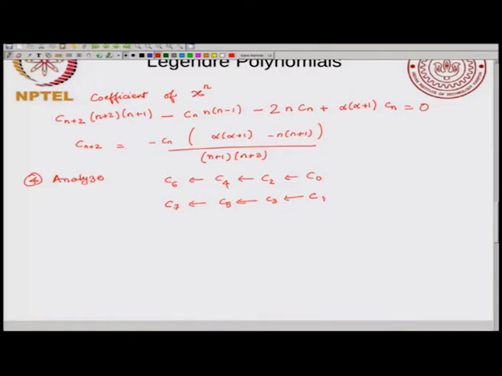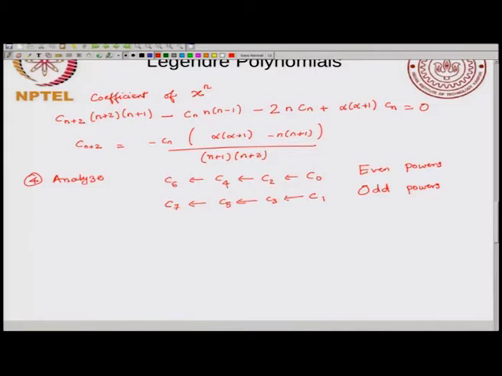So, what this means is that these are the even powers of x, and these are coefficients of odd powers of x. You can write the coefficient of any even power of x in terms of C0.